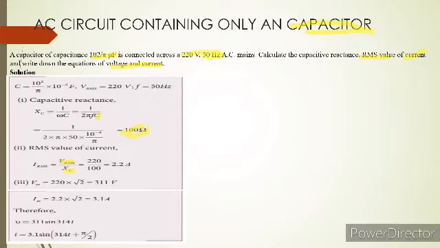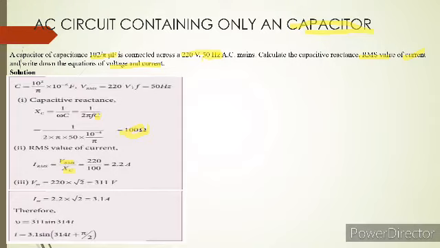The RMS value of voltage they have given as 220 volts here. So 220 divided by XC, which is 100, will be equal to 2.2 amps.